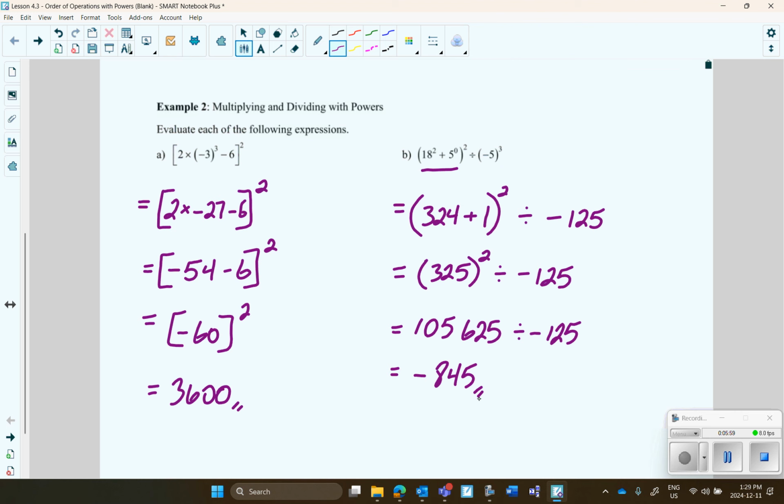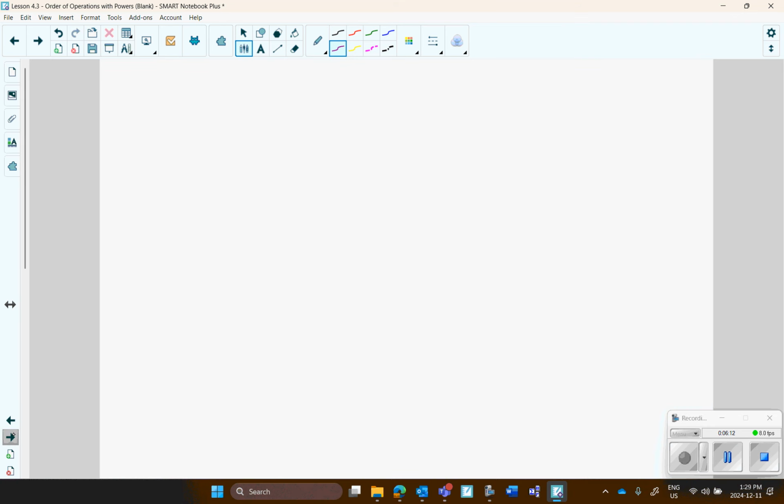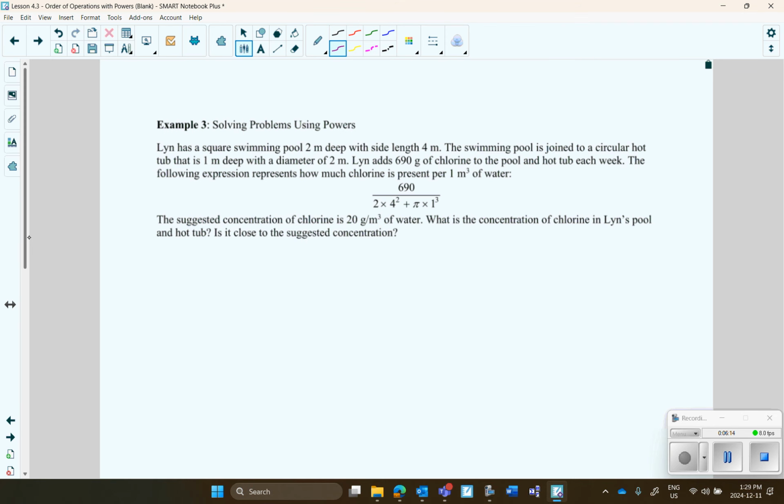So the numbers get a little big sometimes, but don't let that throw you. Okay, it's still the same procedure. Okay, finally, we got a little bit of a word problem here. And basically this word problem gives you a formula to tell you how much chlorine to put into a pool.